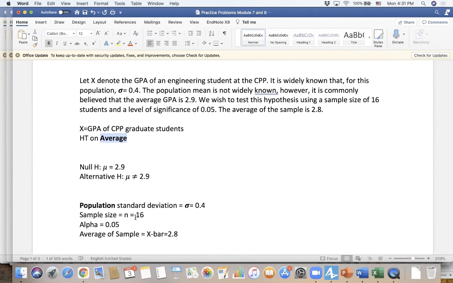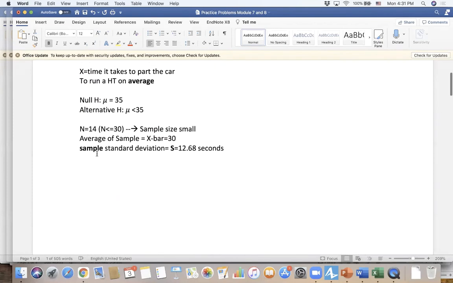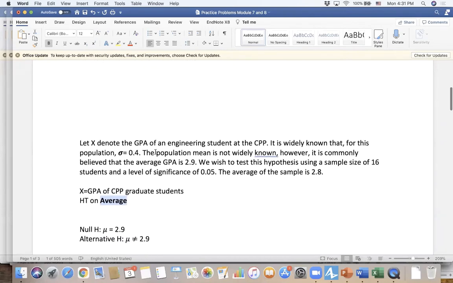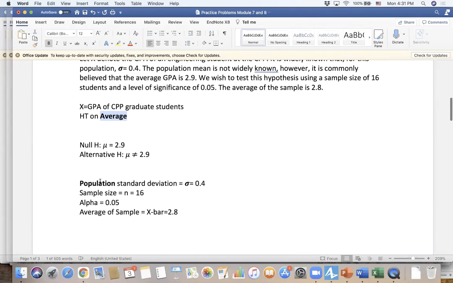I worry about sample size only when I have sample standard deviation. That's when I need to check, do I have a sample of less than 30 or more than 30? Is it a small sample size or big sample size? If you have population standard deviation or sigma, you don't need to worry about the sample at all.